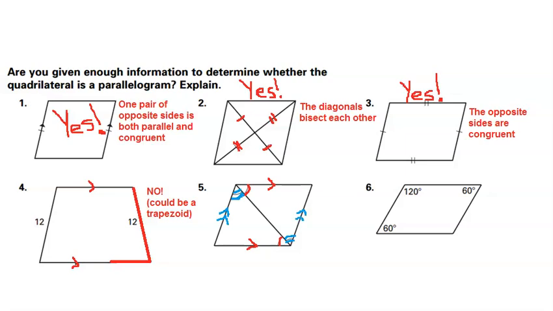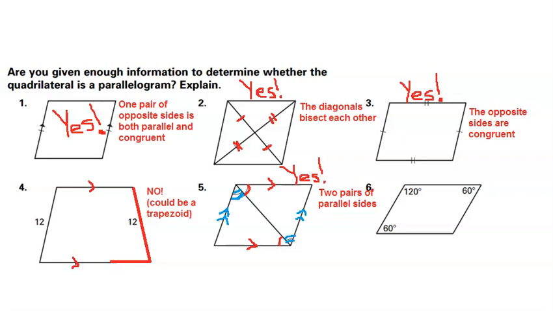Which means, according to our rules, that's the actual definition of a parallelogram. If you have two pairs of parallel sides, then that means it checks out.